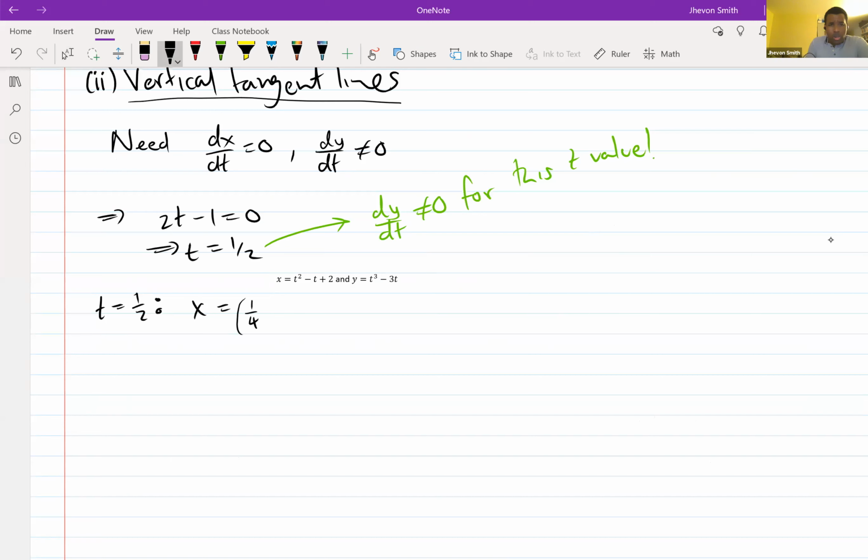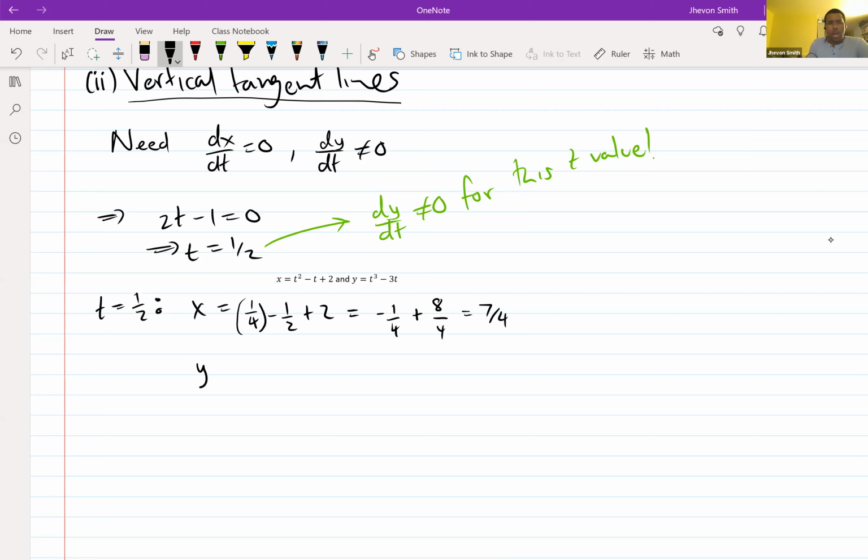It's going to be a quarter minus a half plus 2. So that's going to be minus a quarter plus 2. Let's just think of this as minus a quarter plus 2 is 8 over 4. So this is 7 over 4.